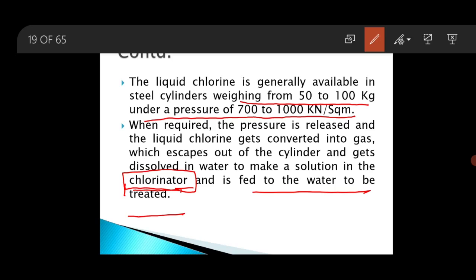An ordinary solution feed chlorinator takes the liquid chlorine from the container, measures it and mixes it with a small amount of water to form a strong chlorine solution. Then this solution is fed into the distribution main by means of a water injector.